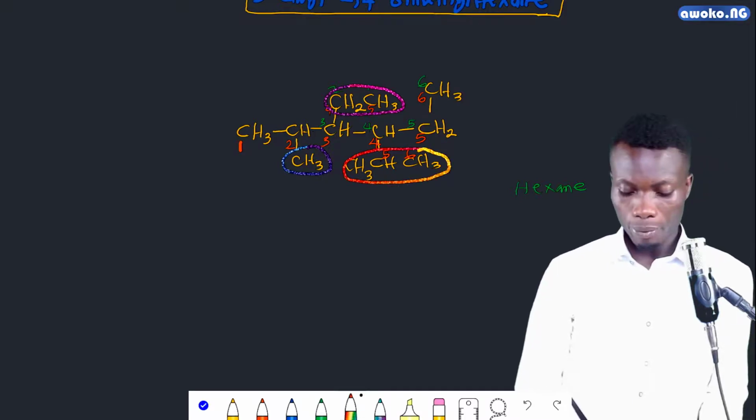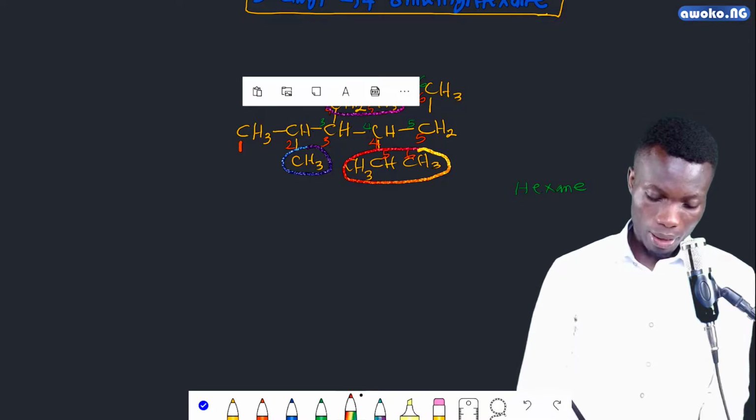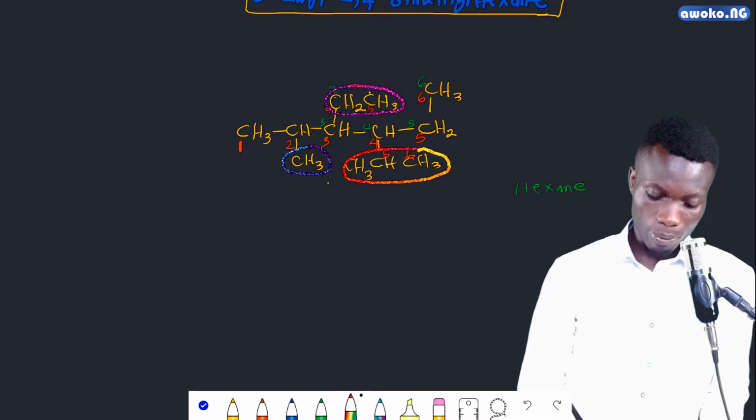Now, our first branch is on carbon number 2. Our second branch is on carbon number 3. Our third branch is on carbon number 4. Now, counting from this side, we have 1, 2, 3. Our first branch is on carbon number 4. If we count from this aspect, we see that 1, 2, 3. Our first branch is on carbon number 3.